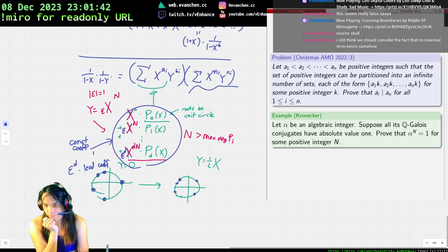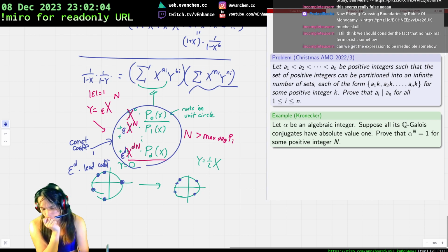I almost want capital N to be like a large prime or something. I feel like if you take capital N to be a large prime, you can try to force a factor. Can we? It's not going to be irreducible though, right? Is the problem.